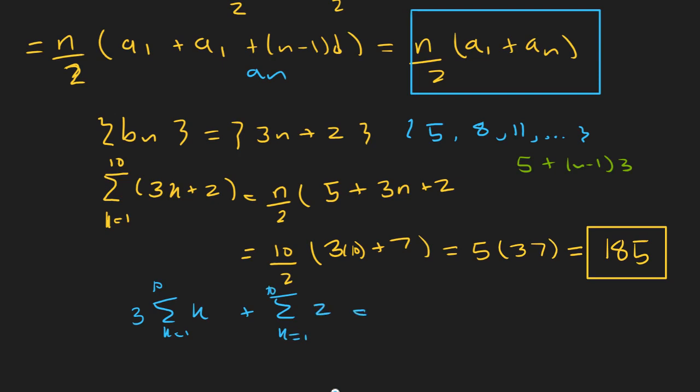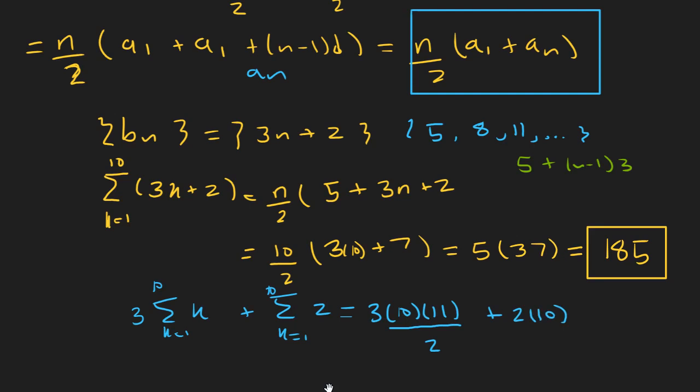But using the formulas that we look at in this particular section and previously, that would be 3 times 10 times 11, divided by 2, plus 2 multiplied by 10.